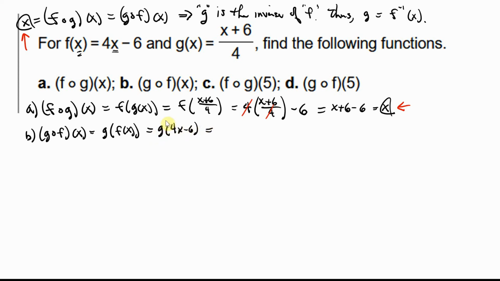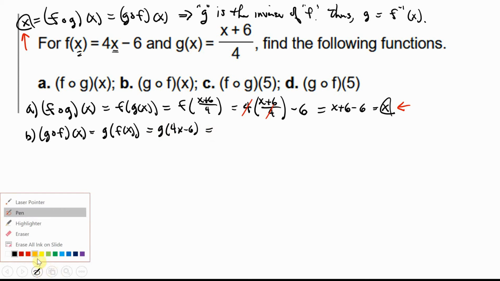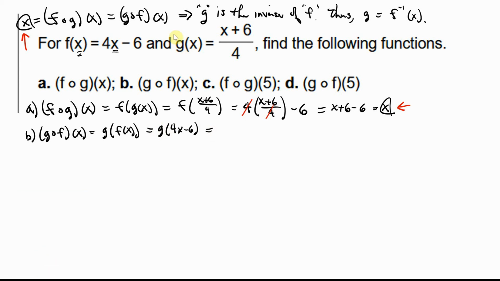So G says, whatever you give me, it's taking that X, it's putting it there, plus 6, all over 4. I'm just going to do what it says to do.